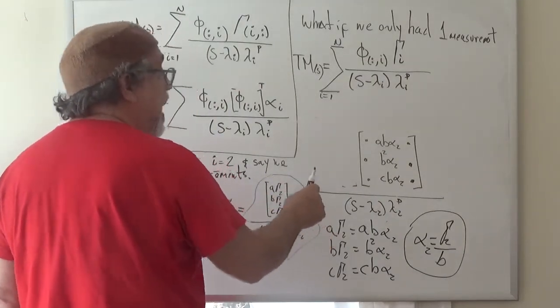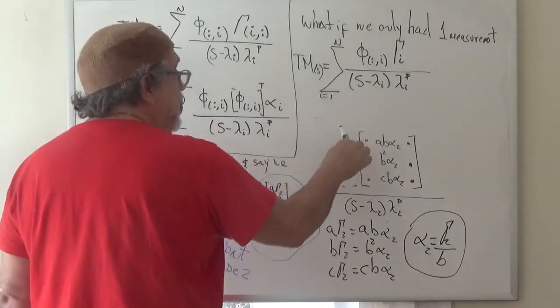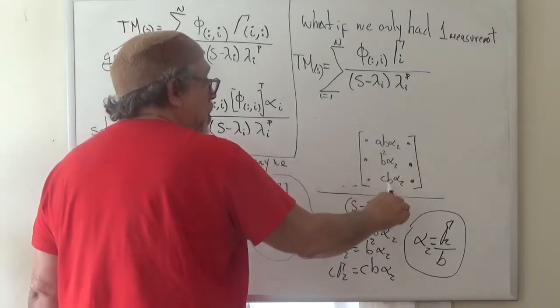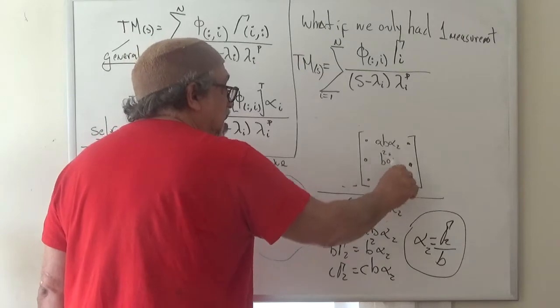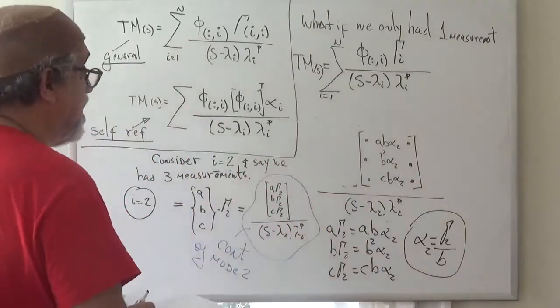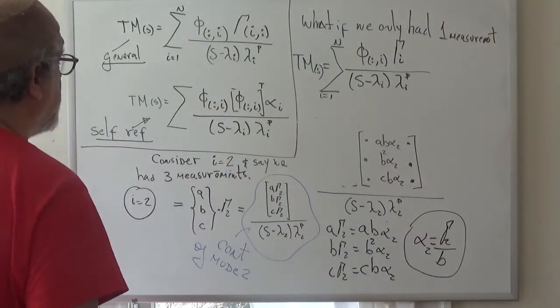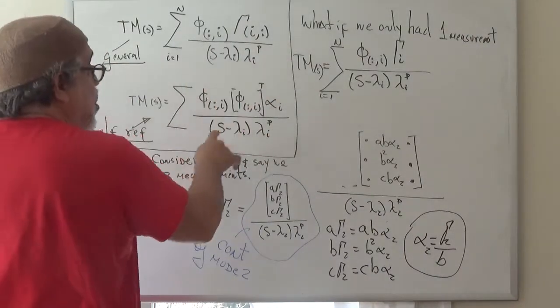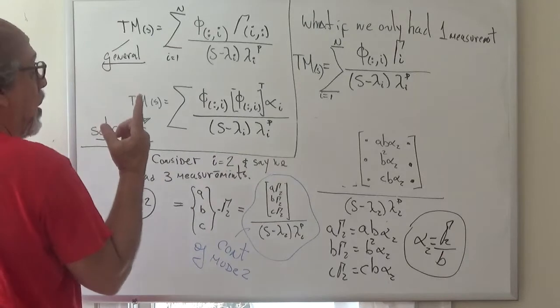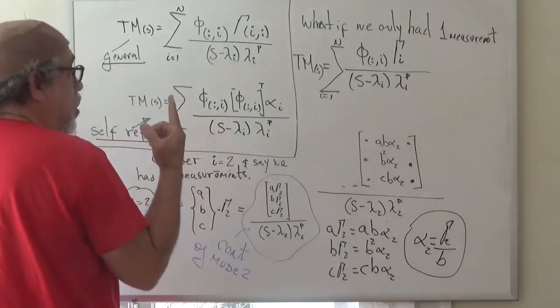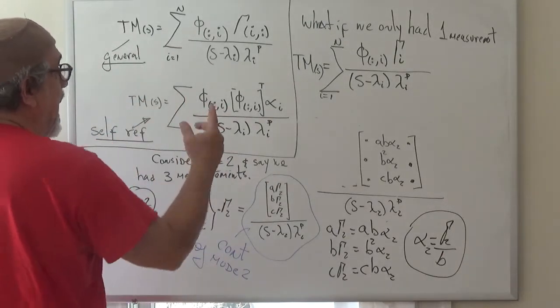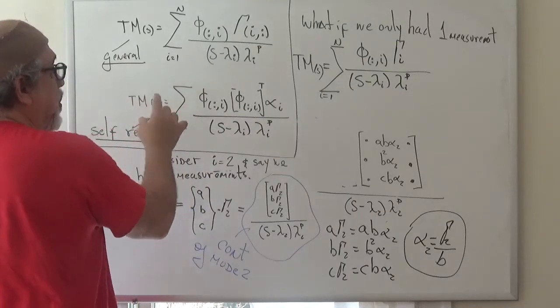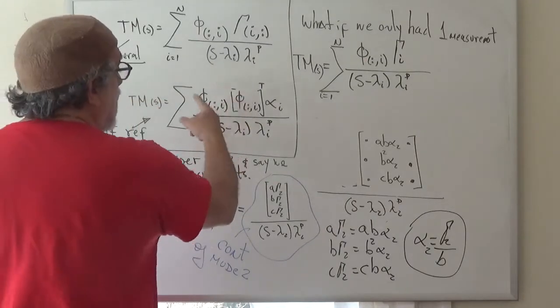I only needed to have load at one of the locations where I was measuring, so I could get one column because from there I can find what the constant is. Once I have the constant, then I can come back to here, and suddenly, without having to have the load applied in all three places, I was able to compute a transfer matrix that is now 3 by 3, right?